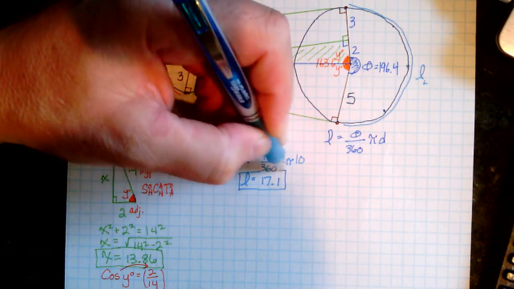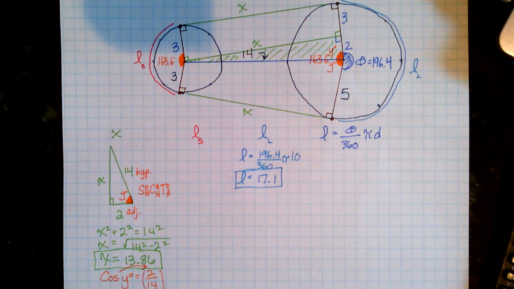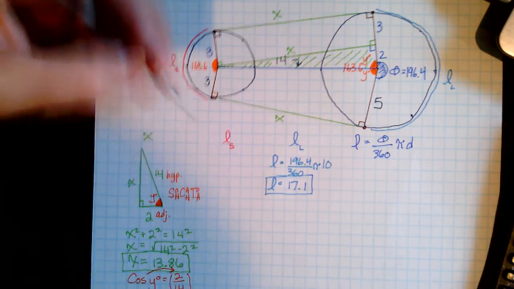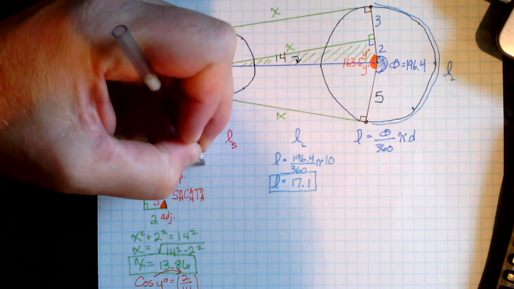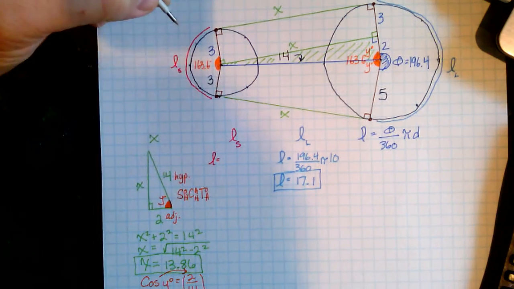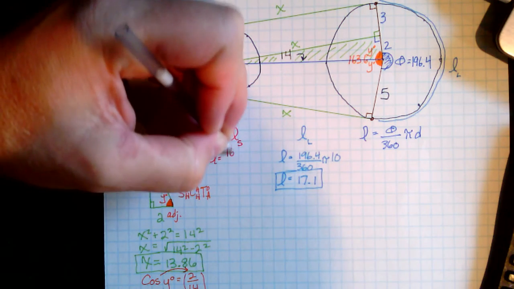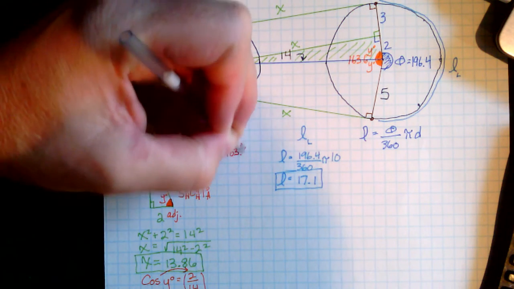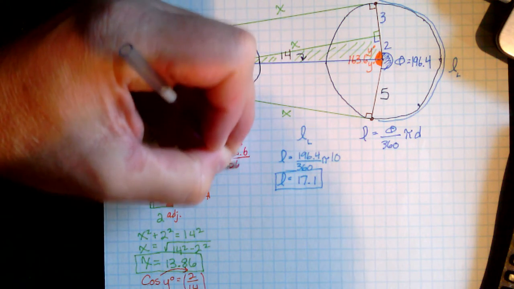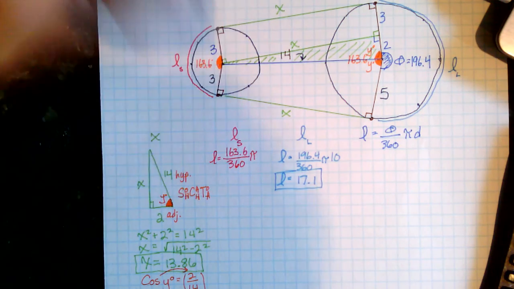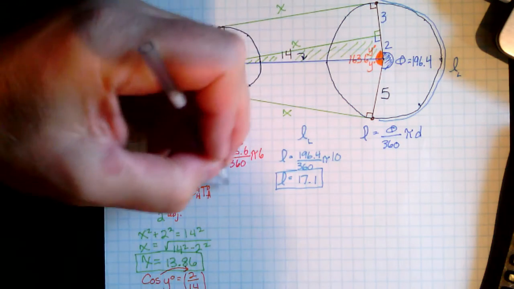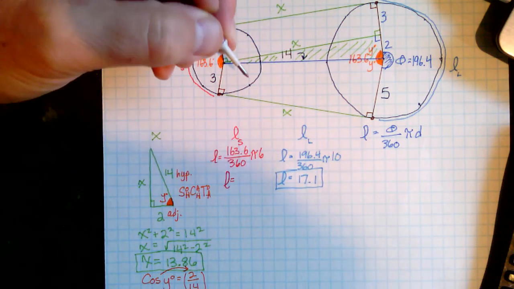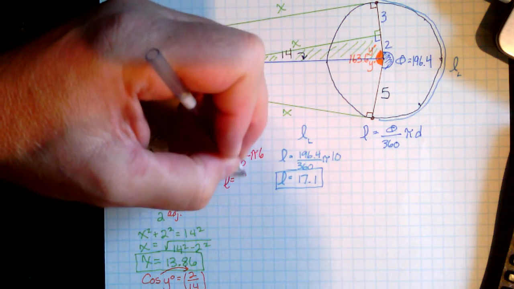So we've got that. Then if I jump to the other side here, I want to find the length of the small arc, same exact formula. Length equals central angle 163.6 over 360 times pi times 6. 6 is the diameter. So the length of the small arc is 8.6.